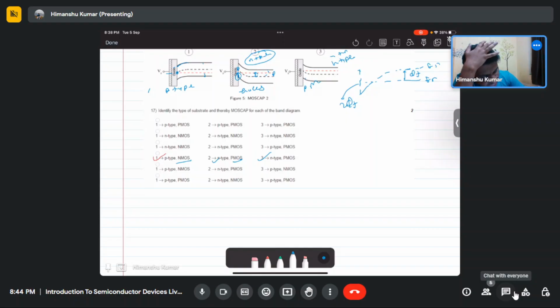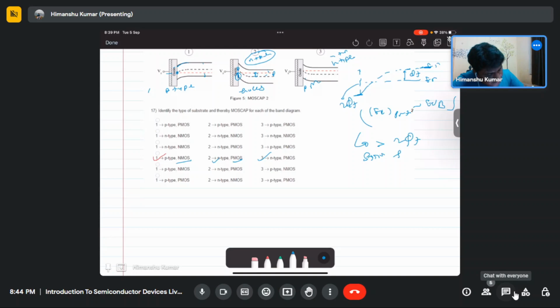If it is less than twice phi f, then basically, EI at the interface minus EI at the bulk, if it is greater than 2 phi f, then we can say strong inversion is there.